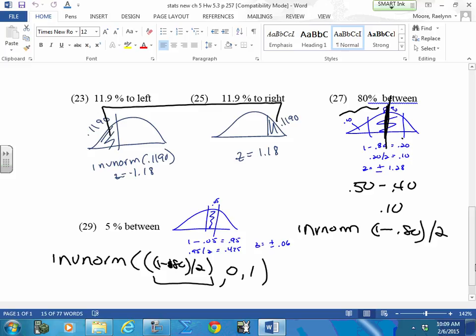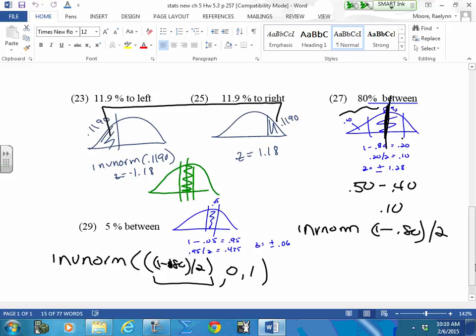Number 29 is a little tricky. Number 29 reads, find the z-score for which 5%. It's the same as the 80, it's the same as the 95%, but it's 5%. So it's a little tiny space that you need. Now, remember, you're symmetric about the mean. So right along here is where your 5% is.